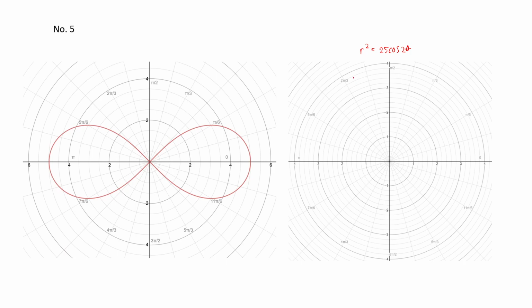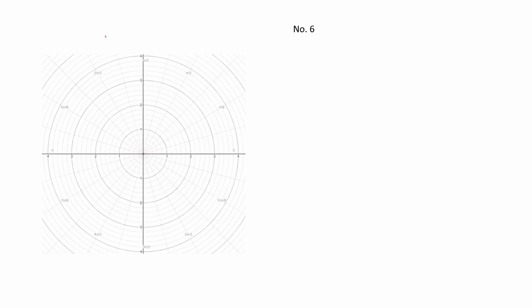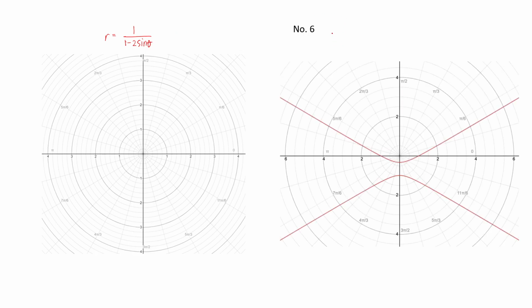And this one is the graph. And then for number 6, this would be r equals 1 all over 1 minus 2 sine theta. And then this one is the graph. It's a hyperbola.